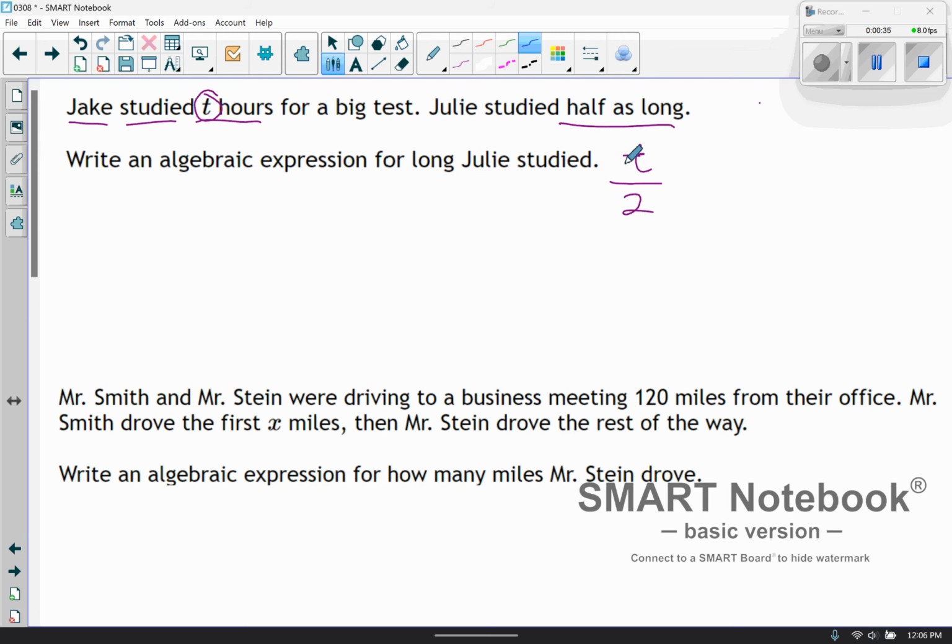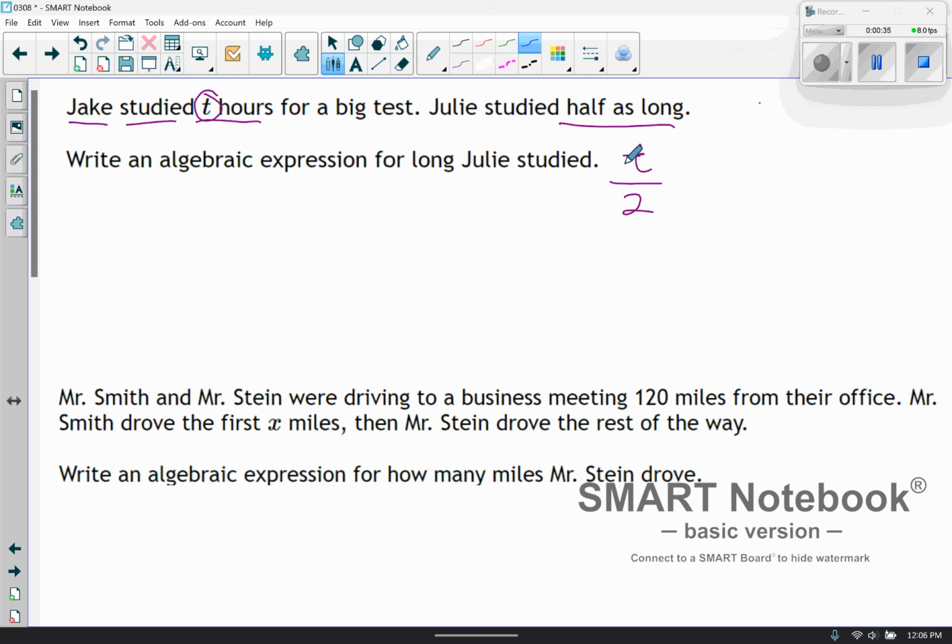All right, let's look at another one here. So Mr. Smith and Mrs. Stein were driving to a business meeting 120 miles from their office. Mr. Smith drove the first X miles. So he drove first, then Mrs. Stein drove the rest of the way. So we want to write an algebraic expression for how many miles Mrs. Stein drove.